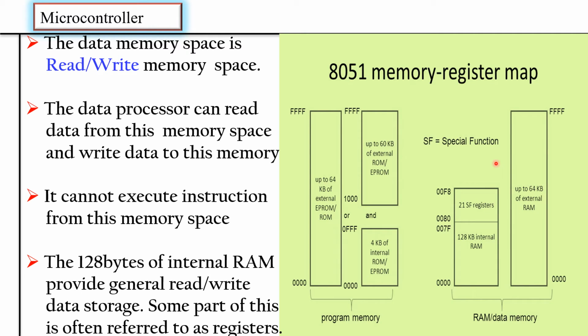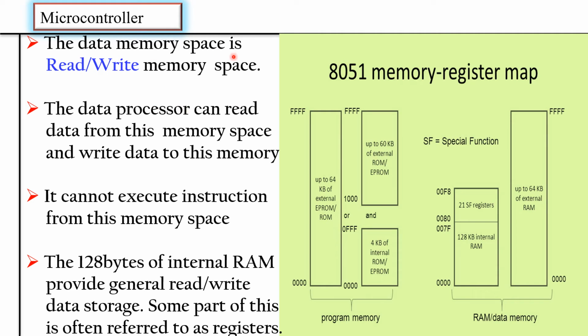Basically ROM comes inside the program memory space, and RAM comes inside the data memory space. So in the data memory space you can do both things. You can read and you can write, but you cannot execute the instructions from this memory space. Is it clear? That is nothing but data memory space.